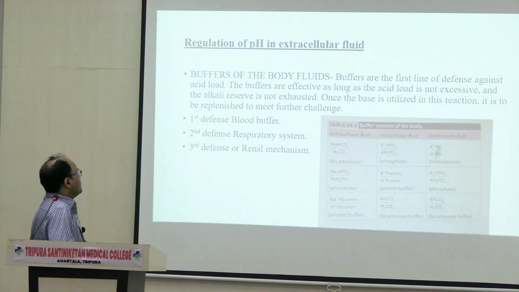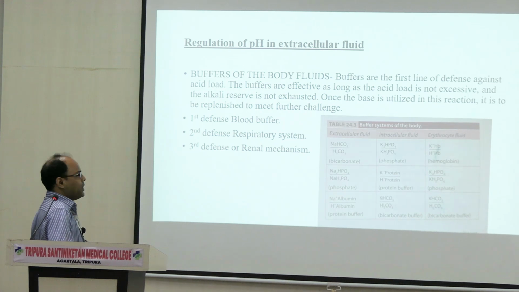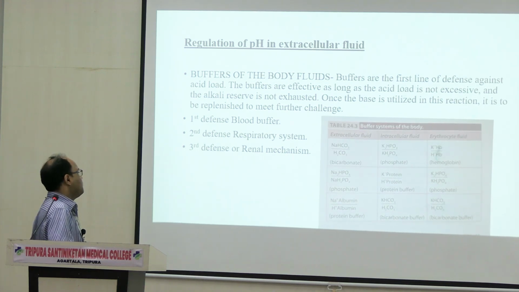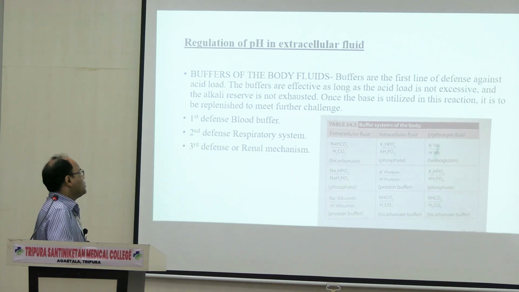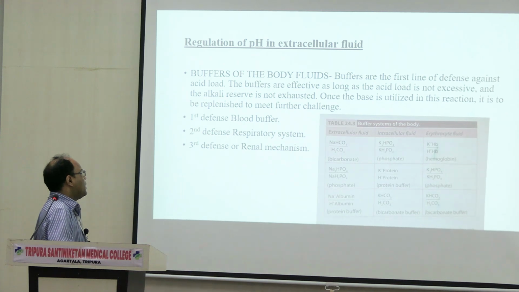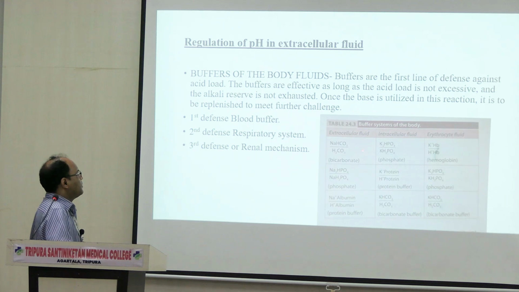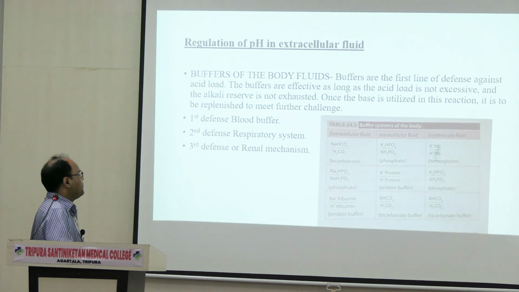So in our body, we have a very good buffering system. In extracellular fluid, there are 3 types of buffering system: the bicarbonate system, phosphate system, and protein buffer system. In intracellular fluid, there is potassium hydrogen phosphate and potassium phosphate, so the phosphate buffer is there.